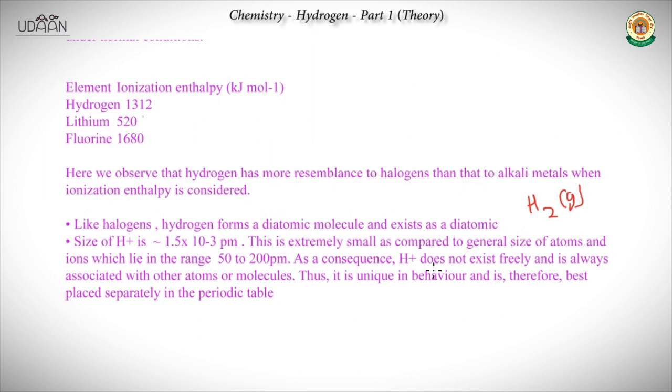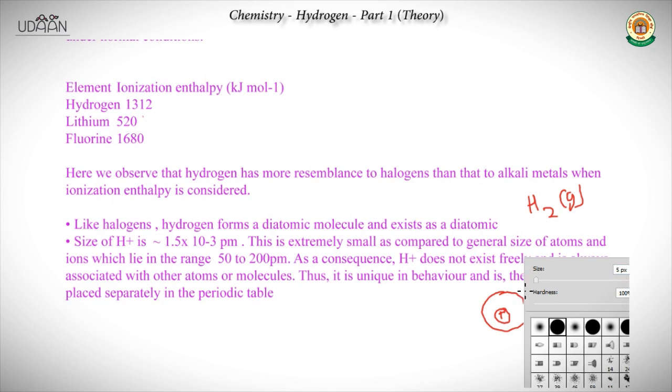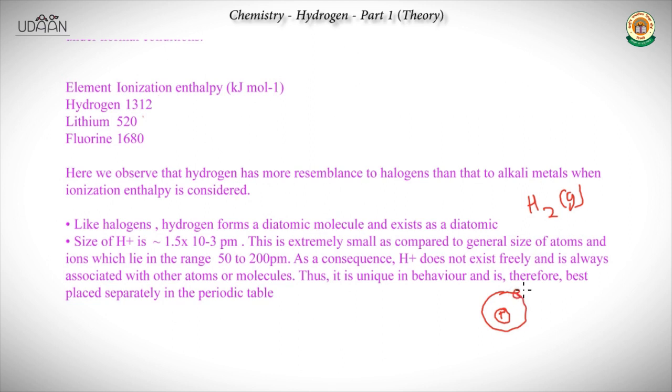The size of the H plus ion is exceptionally small because it has no shells. We can see that with the help of a drawing. This was the hydrogen atom with an electron, and when we remove the electron from its outer orbital, there is no outer orbital in H plus.